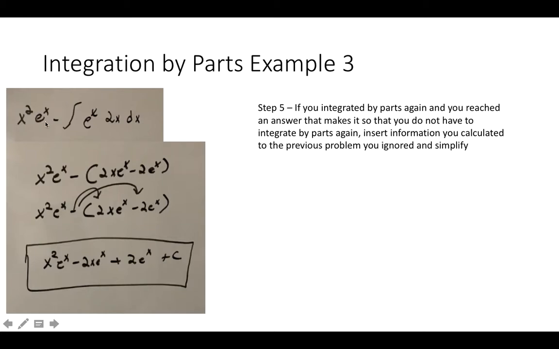We'll put it in parentheses: 2x times e to the x minus 2e to the x. We carry the negative 1 and distribute it to both terms. This makes the parentheses negative 2x e to the x plus 2e to the x plus c, and that is the solution of the problem.